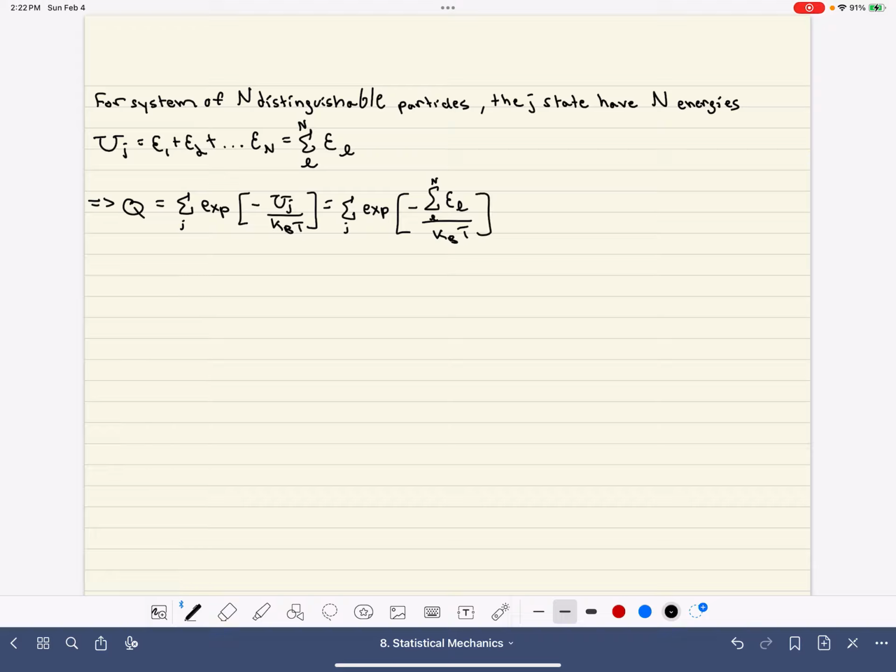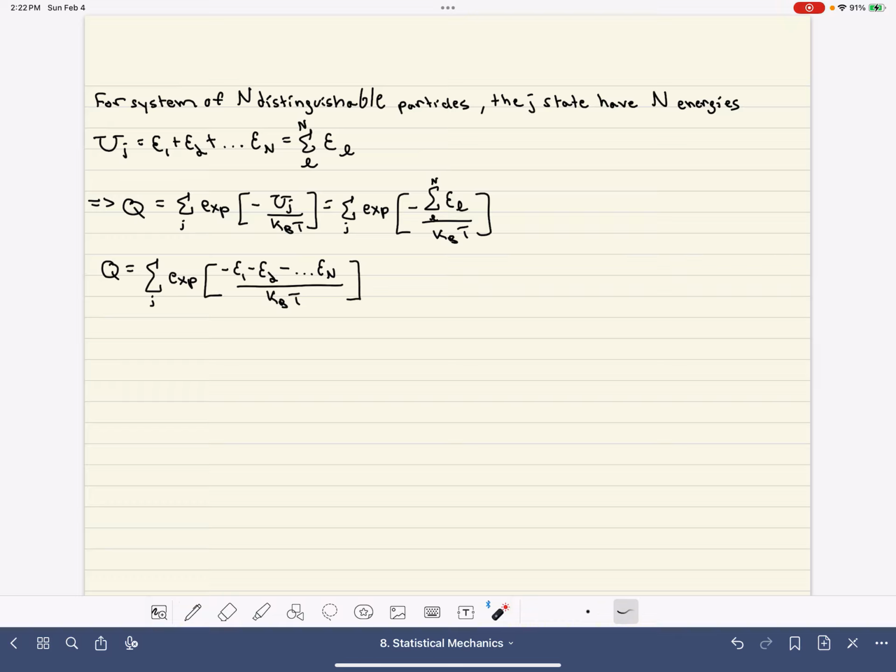All right. And so this summation, we could expand it out so that we have the exponential of negative epsilon 1 minus epsilon 2 minus dot dot dot epsilon n over kBT.